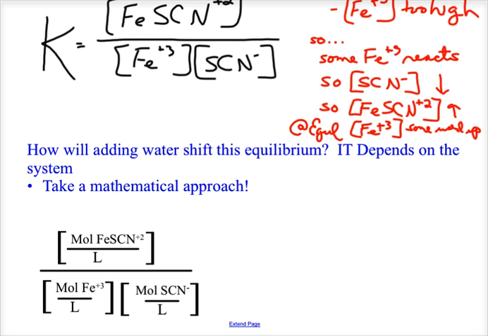So diluting brings about a Q that is larger than K. Since K and Q are products over reactants, in order to reduce the value of Q to the equilibrium constant, you'd need to produce more reactants, fewer products. So the reverse reaction occurs when dilution occurs in this system.